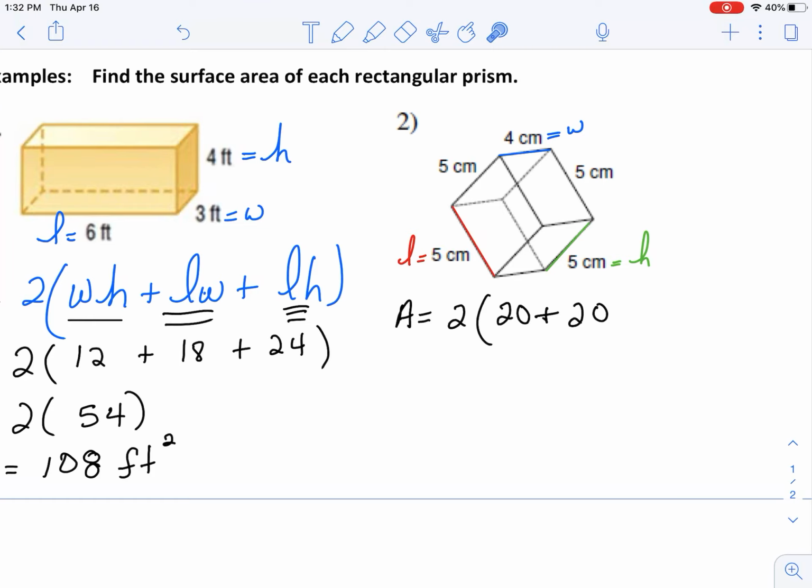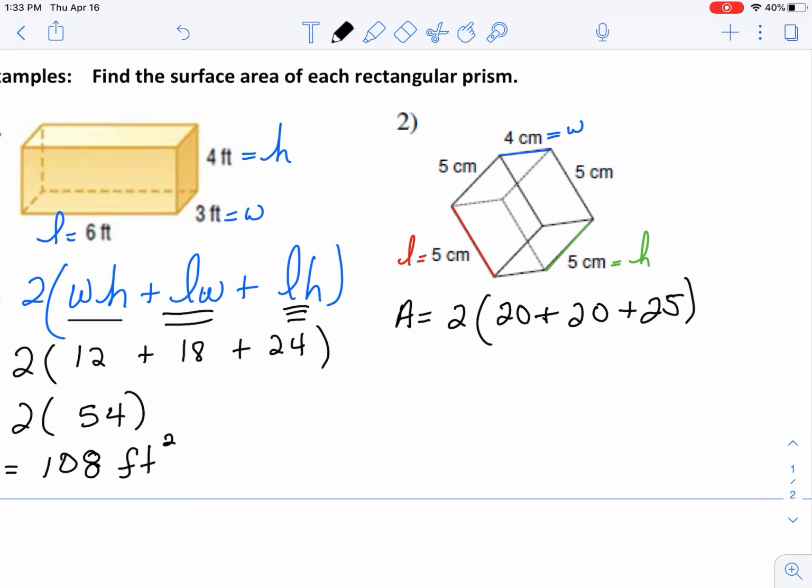Your length is 5 times your height, which is 25. So 5 times 5 is 25. Don't forget, in all of this, area is basically length times width. So you can go around and find the length times width, double it, and then add them all together and do it that route as well.